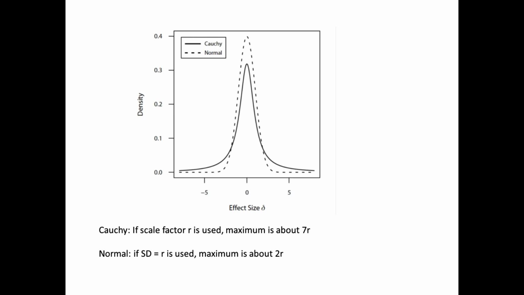Well, just as when we're talking about the normal, I said the standard deviation is a sort of scale factor telling you the sorts of effect size you're expecting. And if you go out 2 standard deviations, or twice the scale factor, you have 5% of the area beyond it. So let's call that a rough maximum. If we use the same rule with the Cauchy, and you specify a scale factor R, then the maximum is about 7R because of the fat tails.